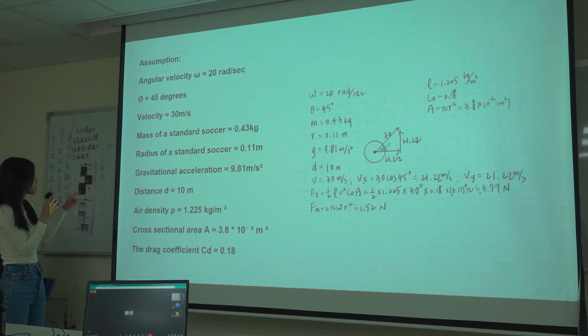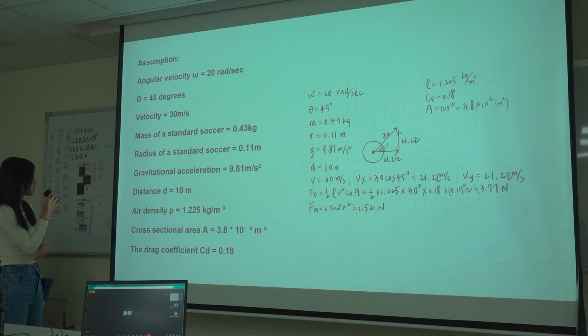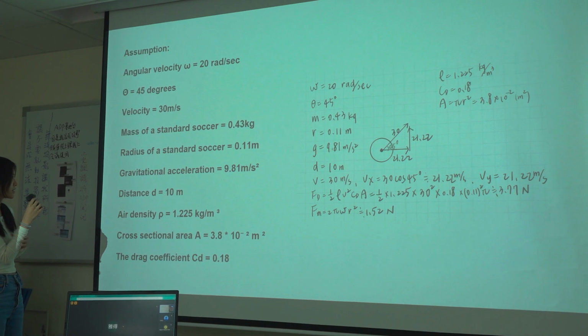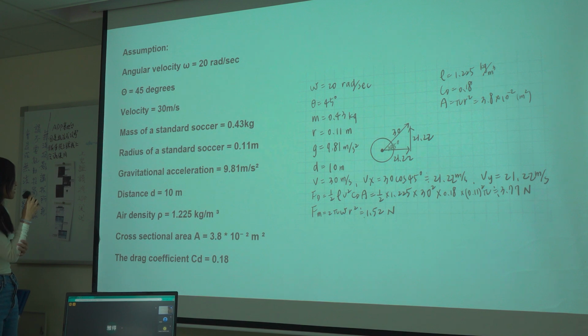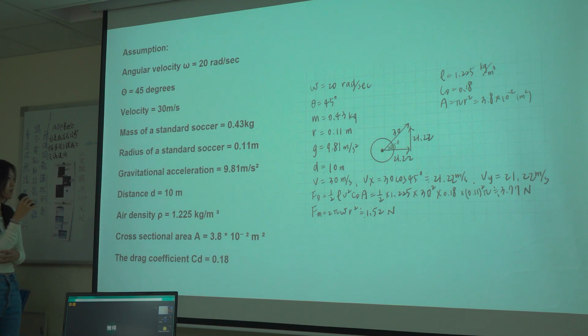The mass of a standard soccer ball is 0.43 kilogram, and the radius is 0.11 meters. Gravitational acceleration is 9.81 meters per second squared. Distance is 10 meters, and air density rho is 1.225 kilograms per cubic meter.